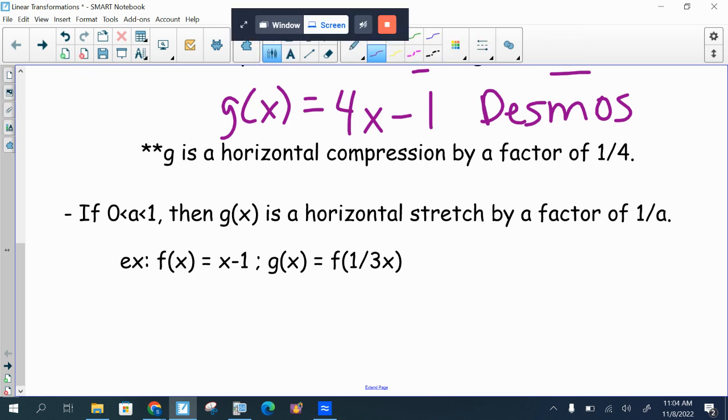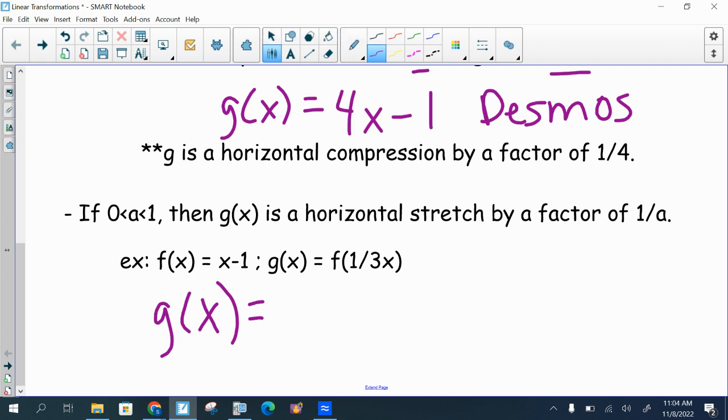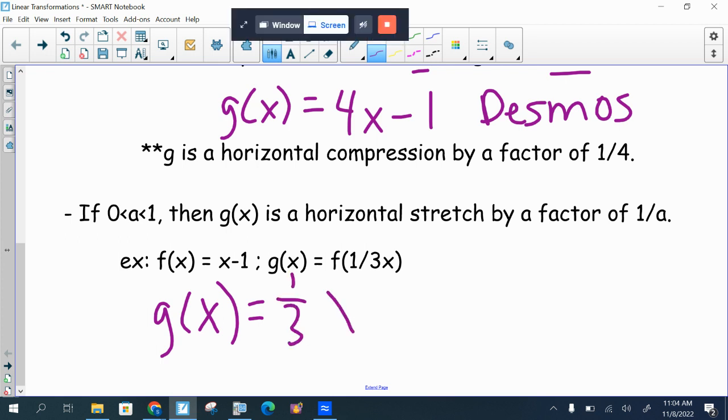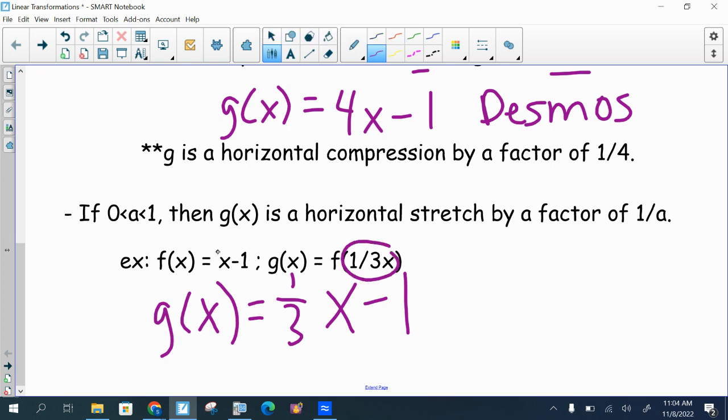We just replaced x with 4x. So what's g of x here? Radha? Yeah, 1/3 x minus 1. I'm just taking the 1/3, replacing it with x. If there's a number in front of x, you just multiply it by whatever the 1/3 is.